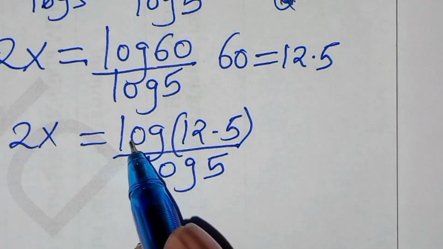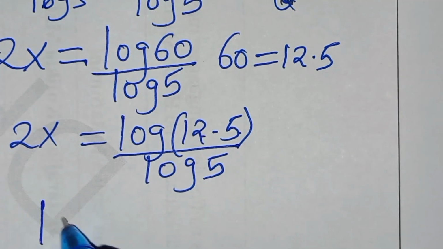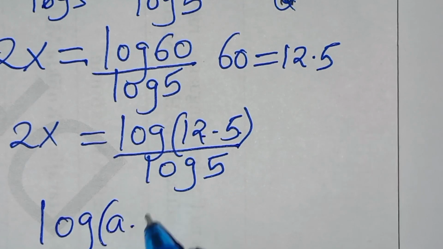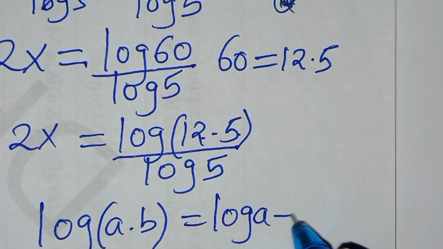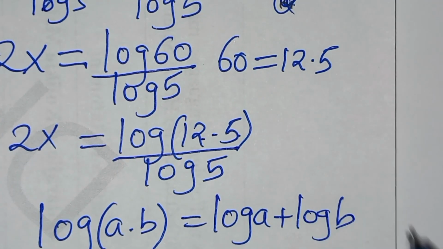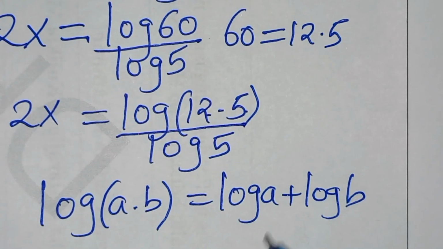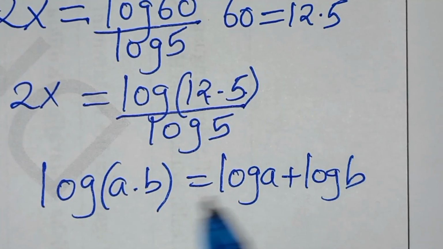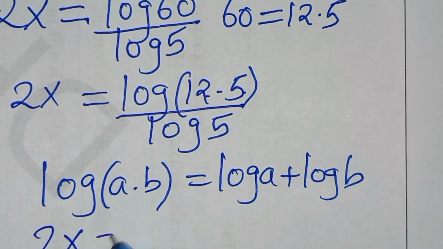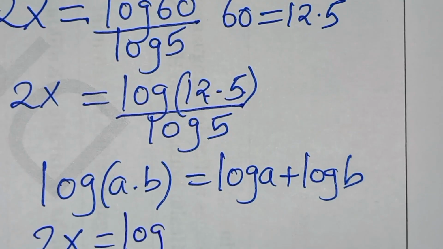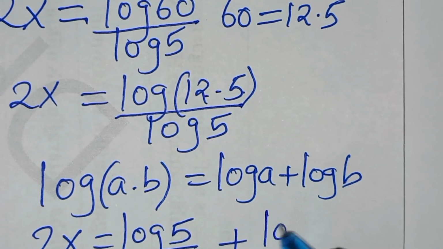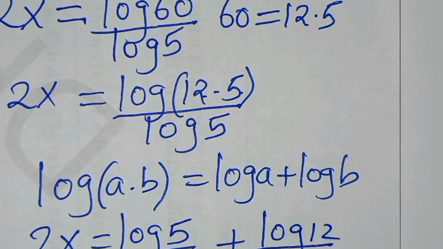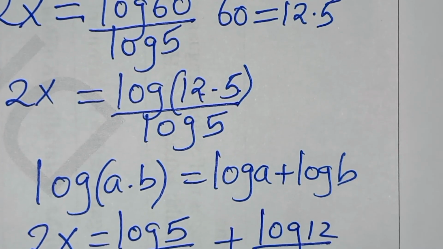Now here you find that log 12 times 5 is in the form of log a times b, which we can express as log a plus log b. So applying this logarithm property, then we'll have 2x. This is equal to log 5 divided by log 5 plus log 12 divided by log 5.